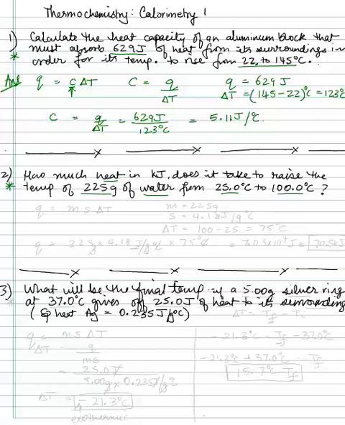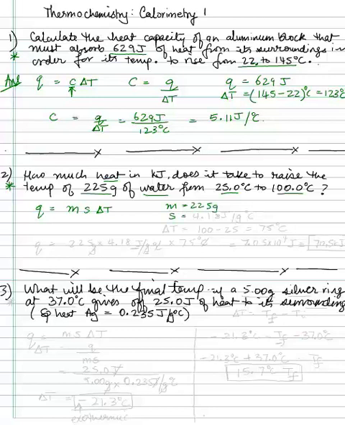So our equation is almost similar to what we did before, but now we have the mass also given to us for water, so we'll use the specific heat and of course the delta T. We have to make sure that we have all our data. Mass is 225 grams.